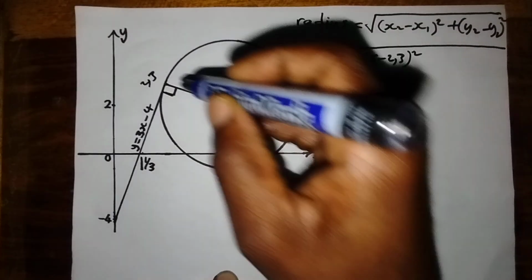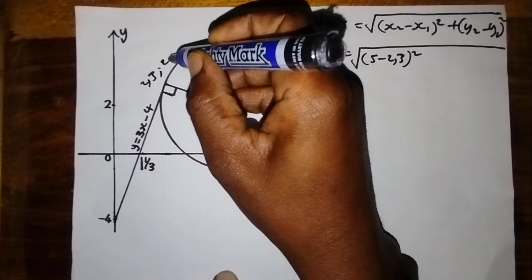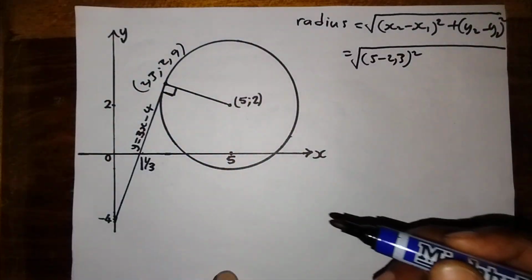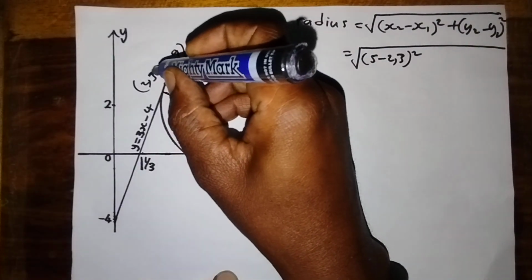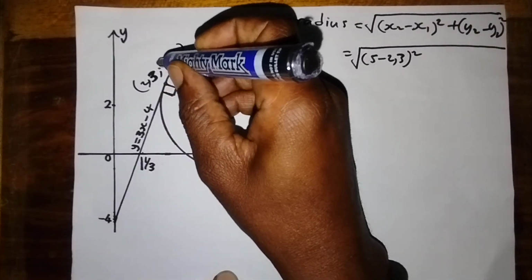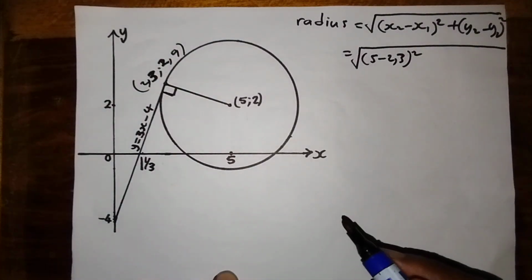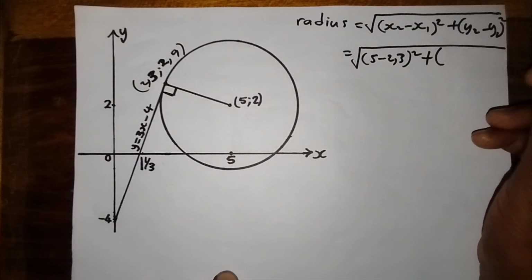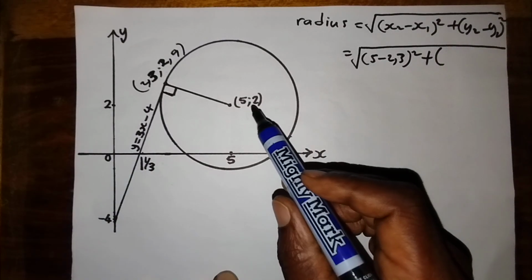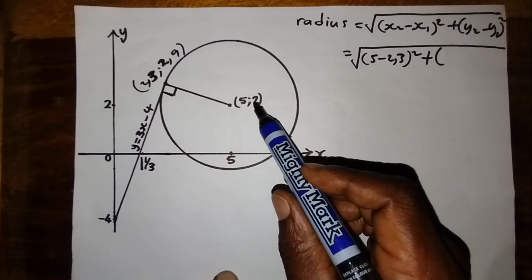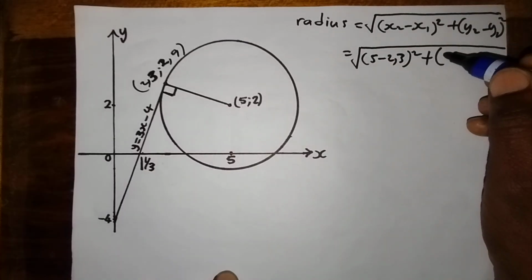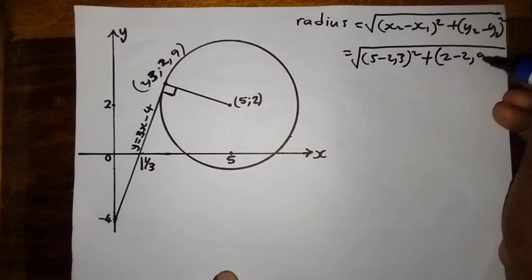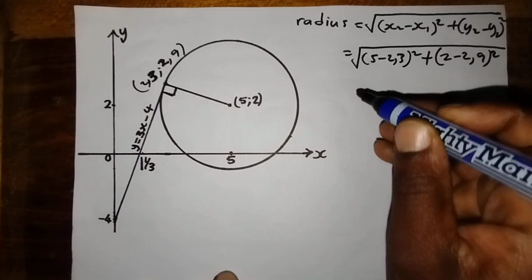Let me write the coordinates of this point: (2.3, 2.9). Plus our y coordinate. You must be consistent. I started by taking this x coordinate, so I'm going to take also this y coordinate, which is 2 minus 2.9, squared, under the single square root.